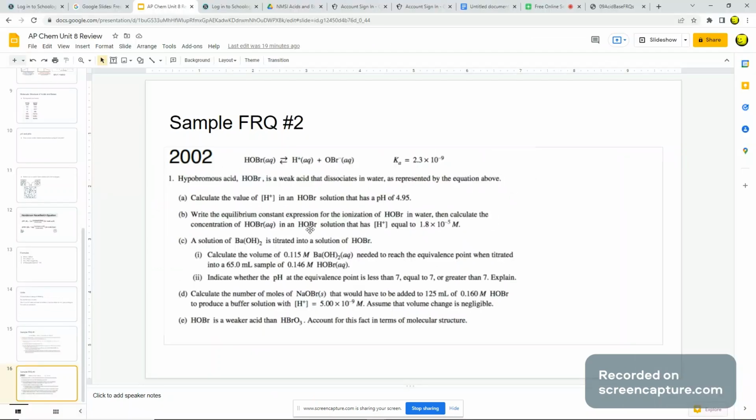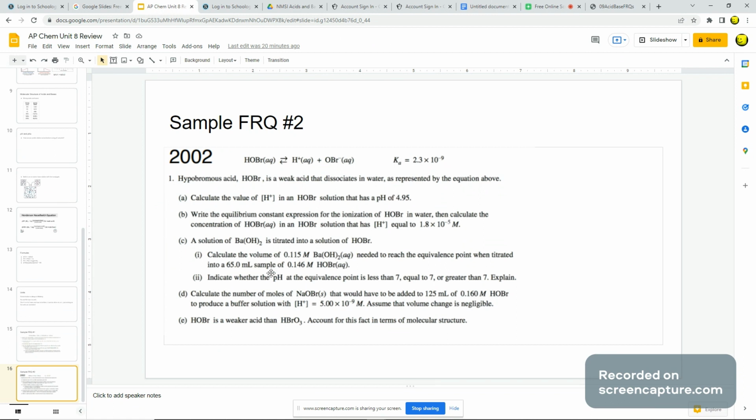So yeah, a solution of Ba(OH)2 is titrated into a solution of HOBr. Calculate the volume of, blah blah blah. It's just an M1V1 equals M2V2 equation. We're trying to find the volume of barium hydroxide. So we set that equal, and then we get that the volume is 82.5 milliliters.